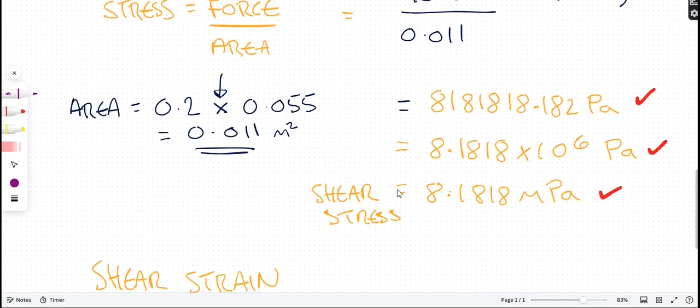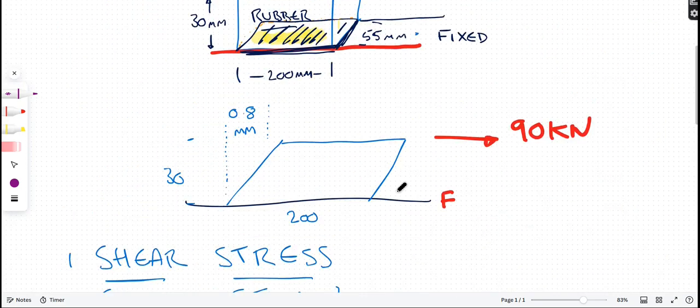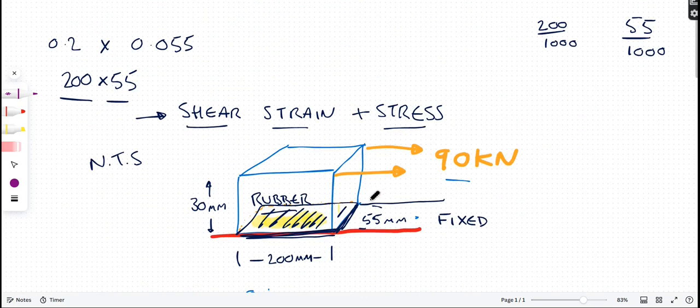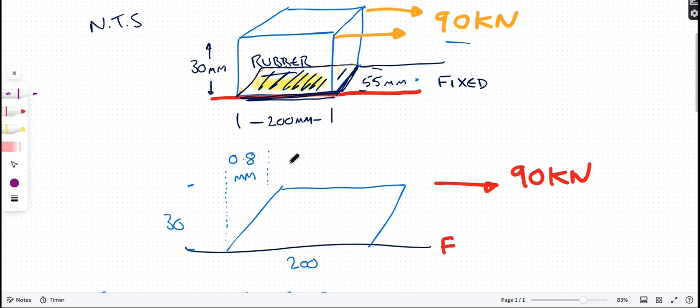Now with shear stress, the change is that 0.8, that sort of deformation there. So in our case, the change in length here is 0.8. And the length is not going to be the 200, and it's not going to be the 55, because it's this 30.